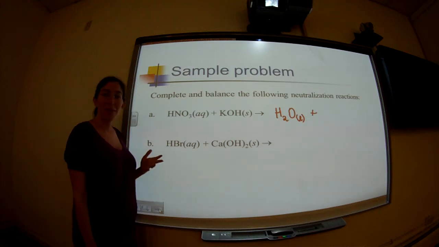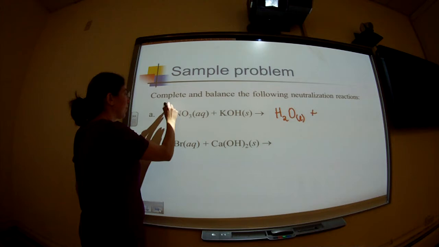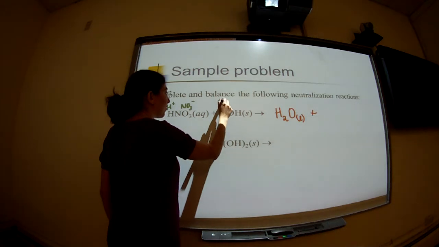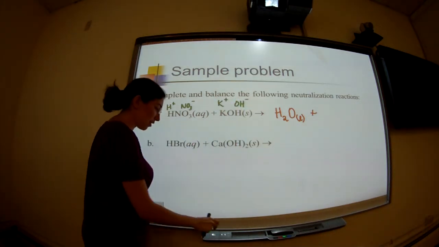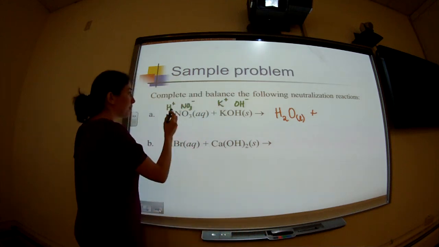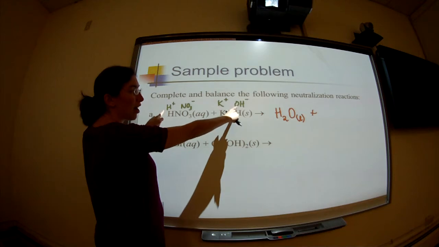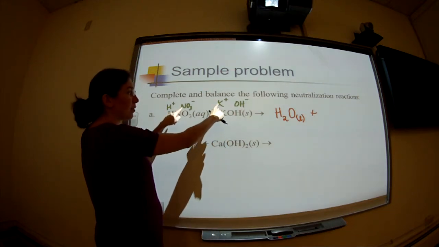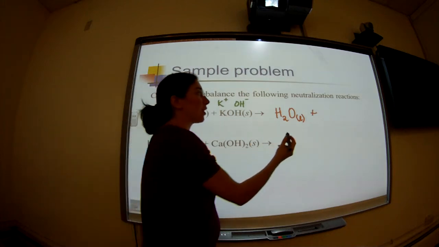So we can do the same thing here, okay? You can write it out if it makes it easier for you. Okay, I'm going to write it out here. So, our partner switching: hydrogen now bonds with hydroxide to make water, and our salt is going to be potassium nitrate. Remember, the cation always comes first.